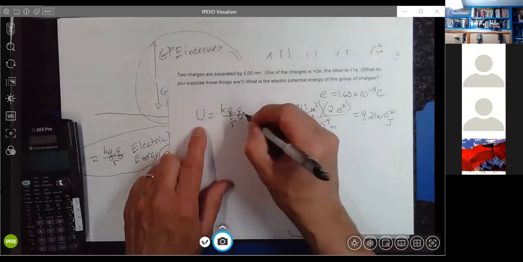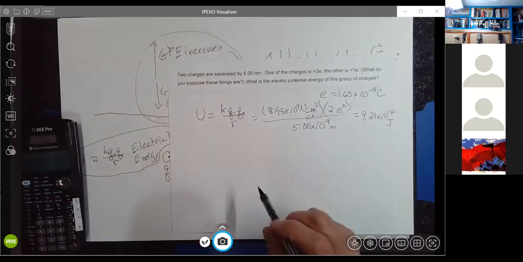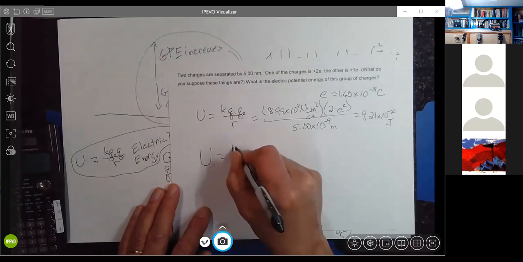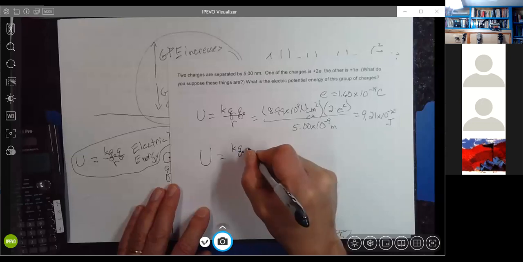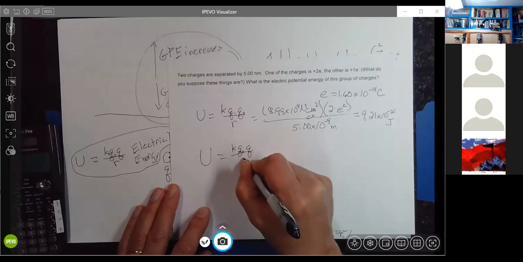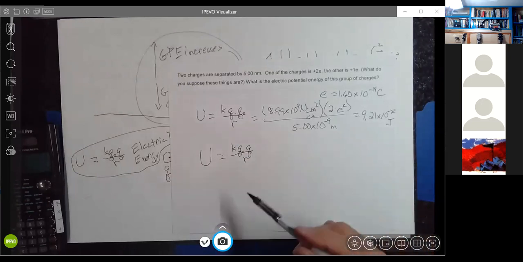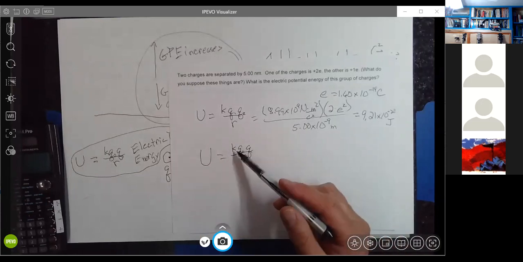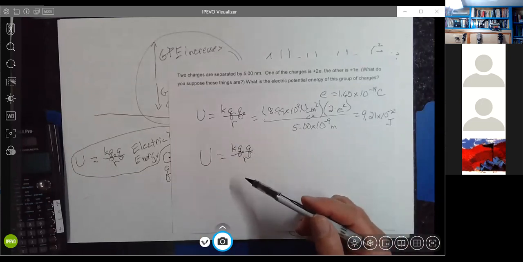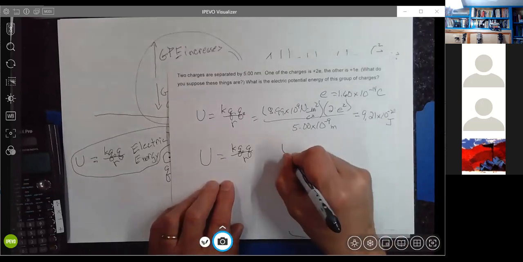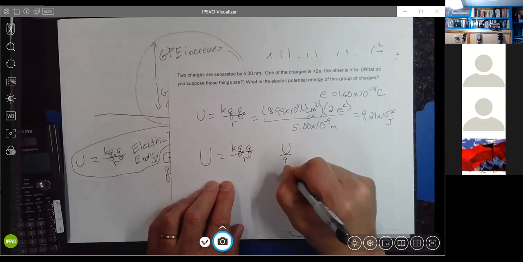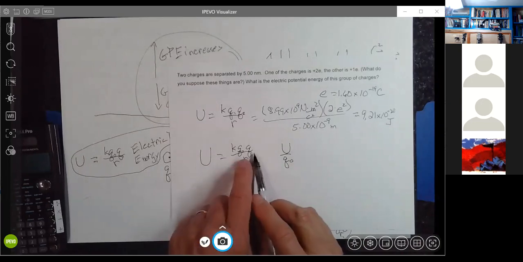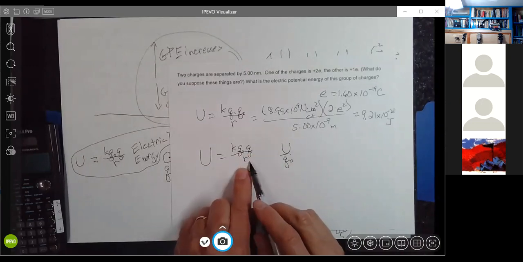Let's suppose I decide, instead of wanting the potential energy of this particular charge configuration over R, maybe I want to stick a bunch of different charges in there, and I don't want to have to go through the trouble of calculating the KQ over R part every time. Instead, what I'll do is calculate the potential energy per unit charge of that particular charge at some particular distance.